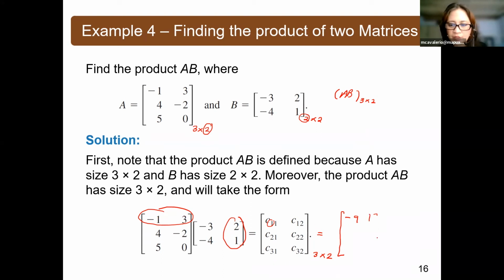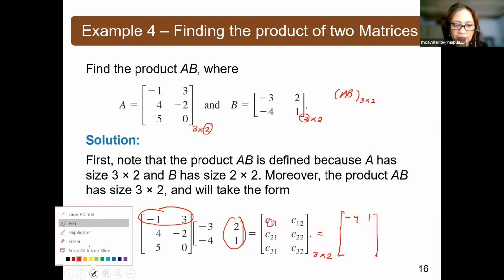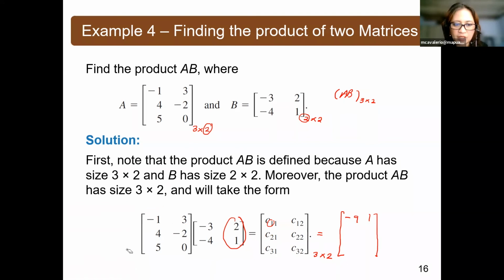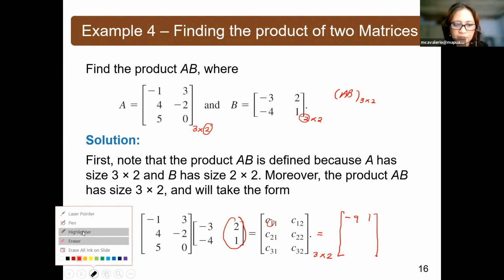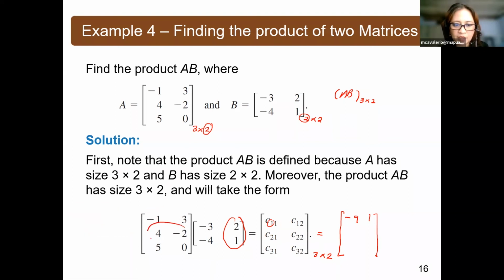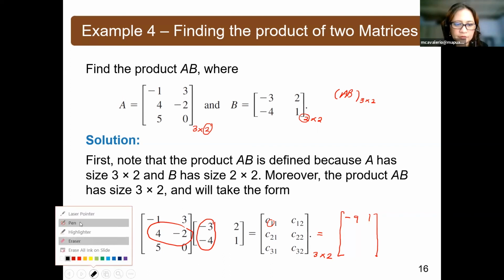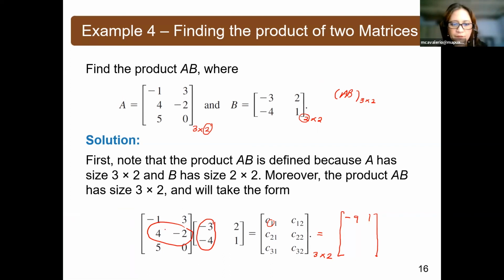Similarly, in order to find C sub 21, we are now going to multiply every entry in row 2 of matrix A to every entry in column 1 of matrix B. So we will have 4 times negative 3 is negative 12.